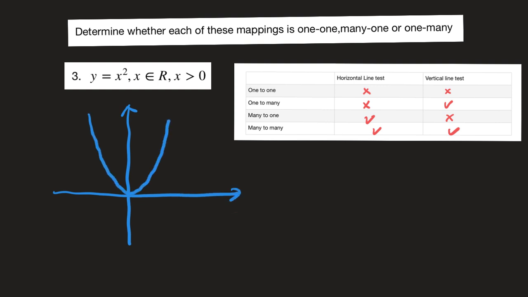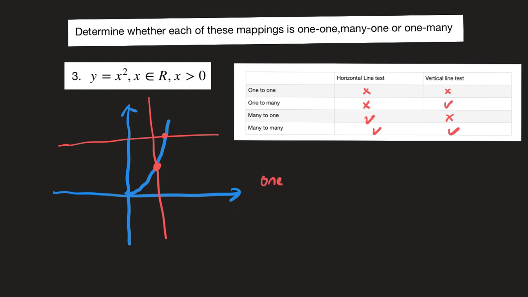But because the question said only x greater than 0, we don't need this part, so we can clean it. It looks like this. Now we try to do the horizontal line test. The horizontal line test has only one intersection, and the vertical line also has one intersection, meaning it belongs to one-to-one.